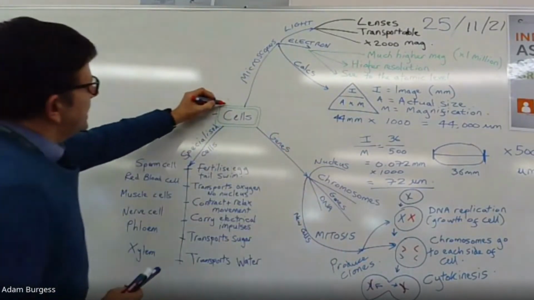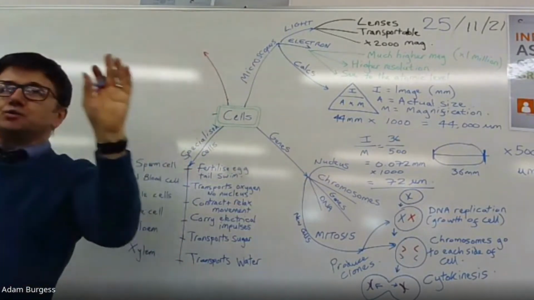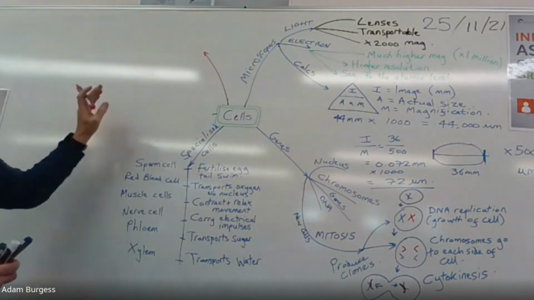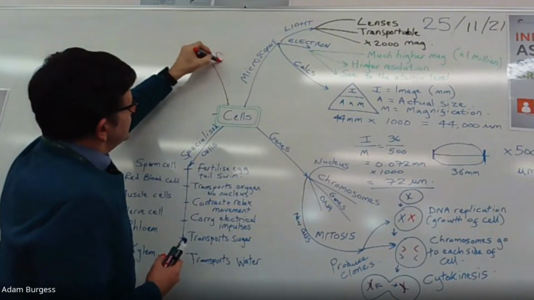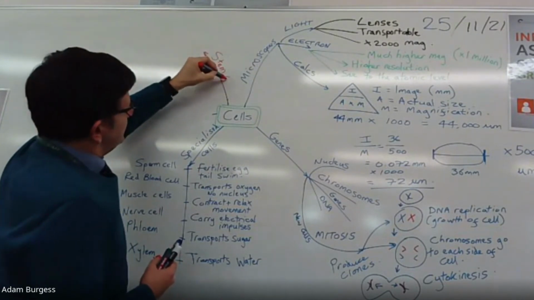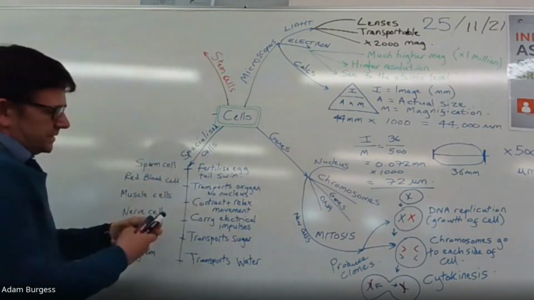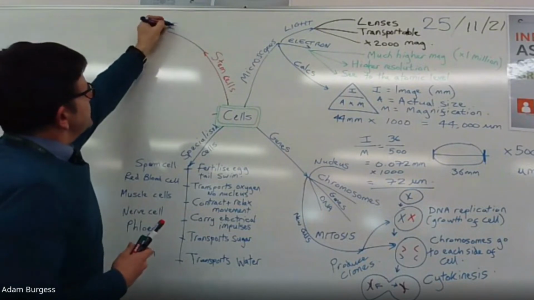Great, cool. Right, let's go up here. And I've got two more arrows to go. I've got stem cells and then transport. Stem cells. Okay, stem cells. So they're made in embryos.